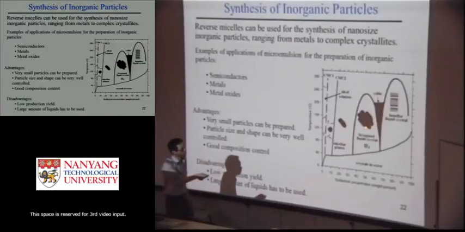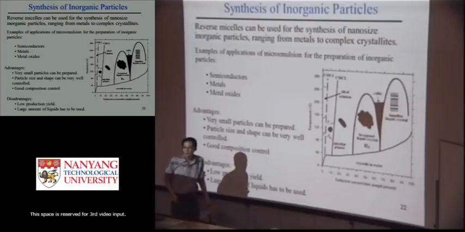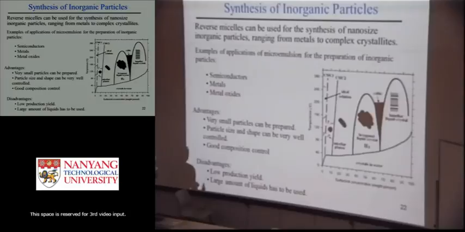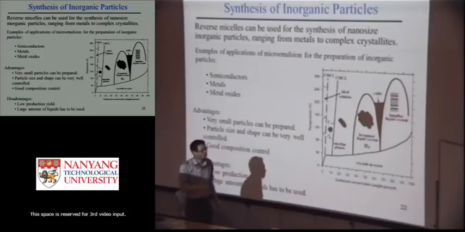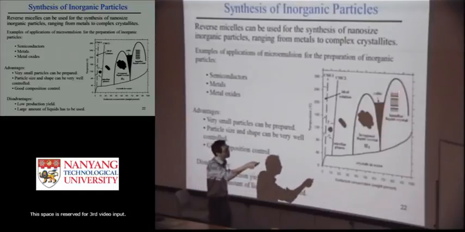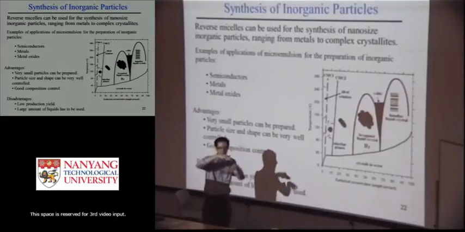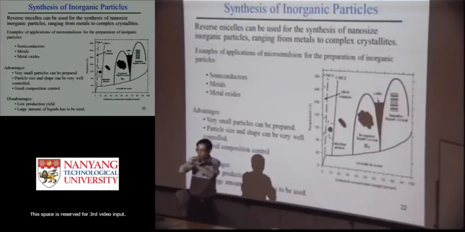Further increasing the concentration, you can form hexagonally packed cylinder micelles. Then if you increase the concentration further, you can form a lamellar phase. Lamellar means one layer of surfactant, then a layer of liquid, the droplet layer, in between, then another layer of surfactant.